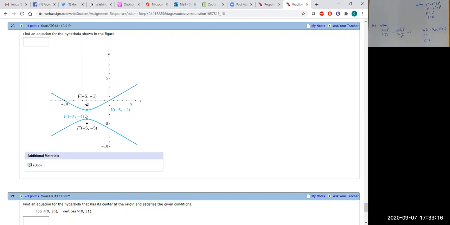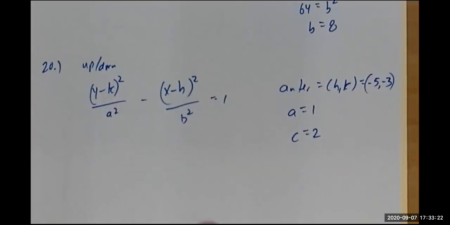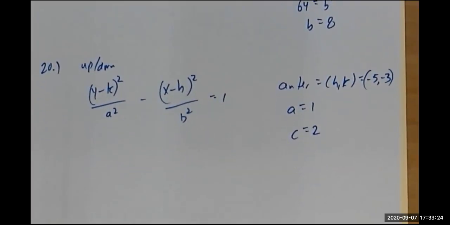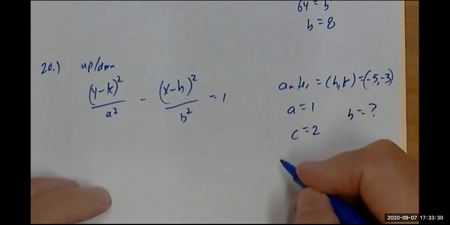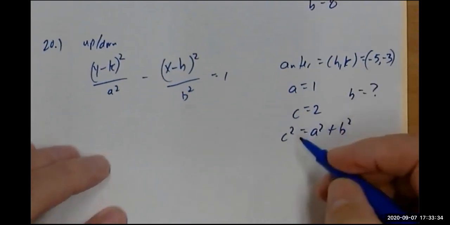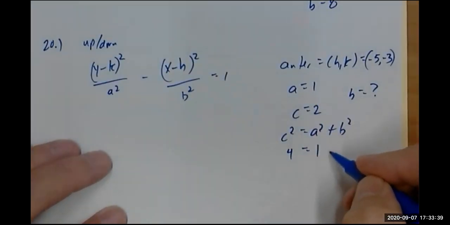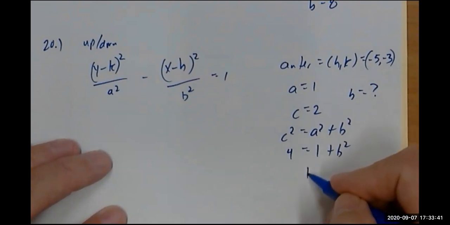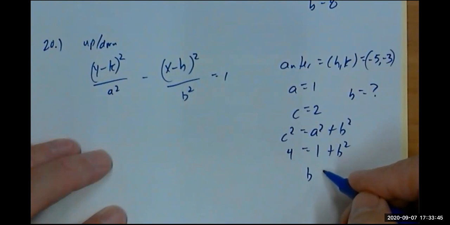All I need to do is figure out B, then I think I'll be able to determine the equation. So I don't know B, but I know C squared equals A squared plus B squared. C squared is 4, A squared is 1. Looks like B squared is going to be 3.